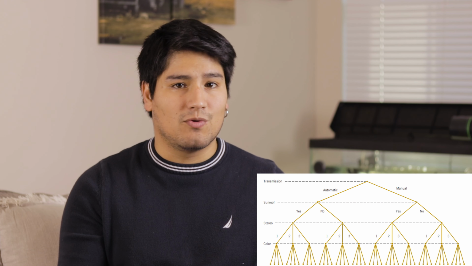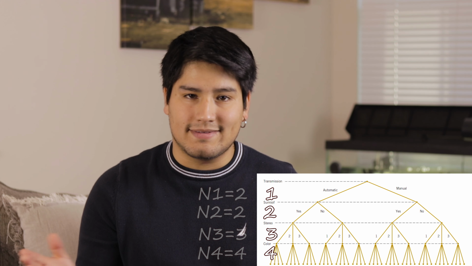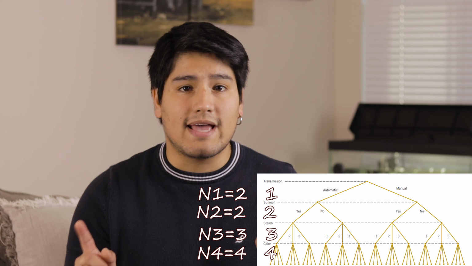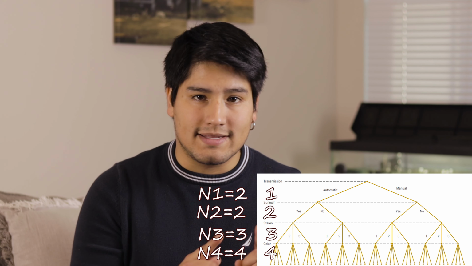As you can see, our sample space consists of 48 outcomes. But this can be done in a much faster way using the multiplication rule for counting techniques. So, what is the multiplication rule? We assume that an operation can be described as the sequence of k steps, and in this example we've got 4 steps. The number of ways to complete step 1 is n1, and the number of ways to complete step 2 is n2 for each way of completing step 1.